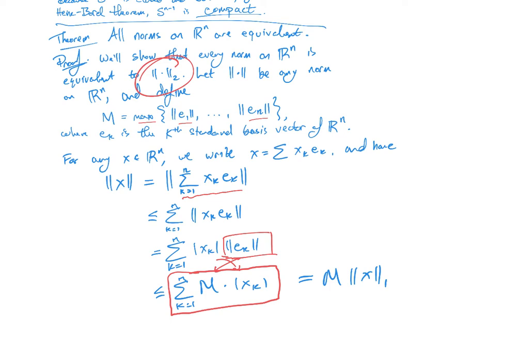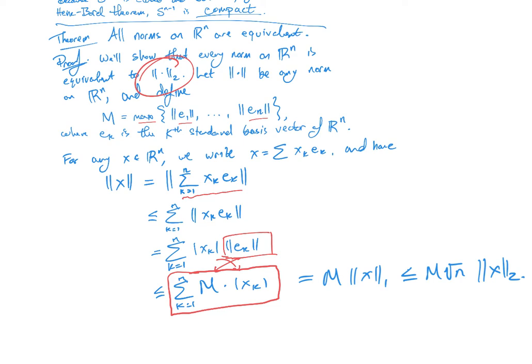Well, we know the 1 norm is equivalent to the 2 norm, so we use the inequality from above. We only want one direction here. So we get capital M times square root n times the 2 norm. Our mystery norm is bounded above by a constant times the 2 norm.